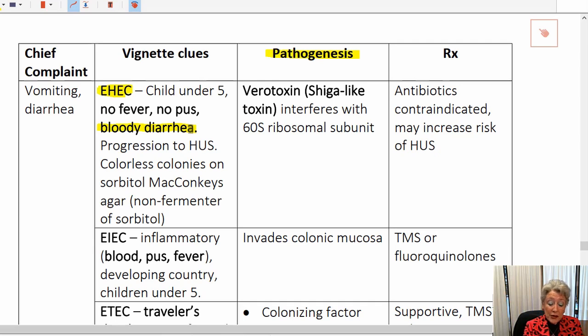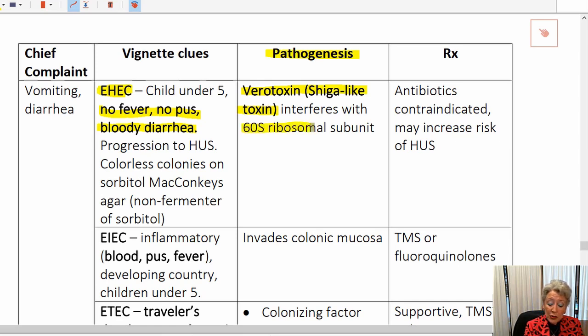But realize this is the one exception to the rule that if I have blood in the stool, I will also have fever and pus. Because remember, the mechanism here is that of a protein inhibiting toxin. Protein synthesis is shut down by the verotoxin or the Shiga toxin. They're the same thing.